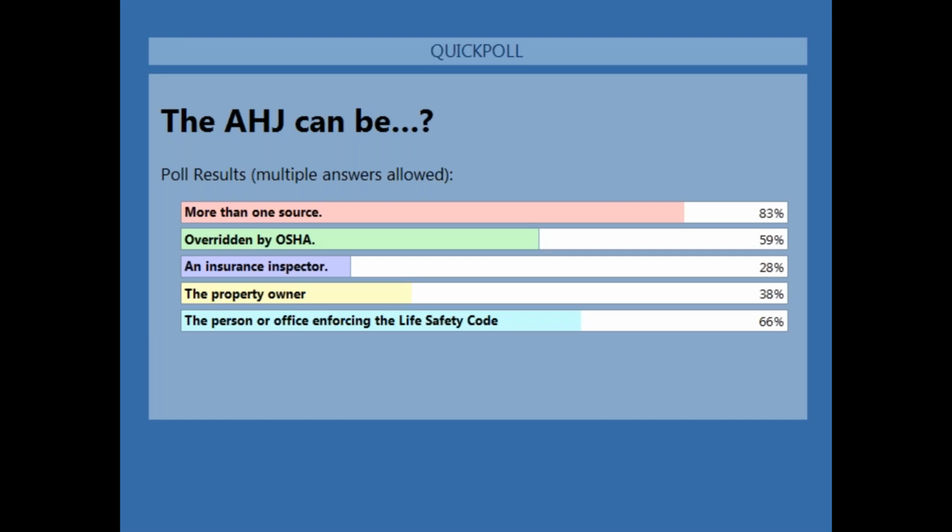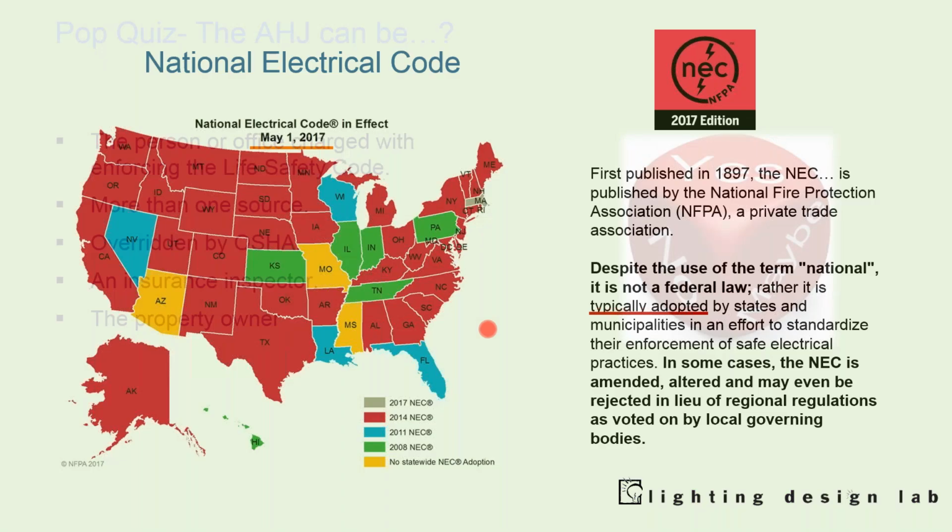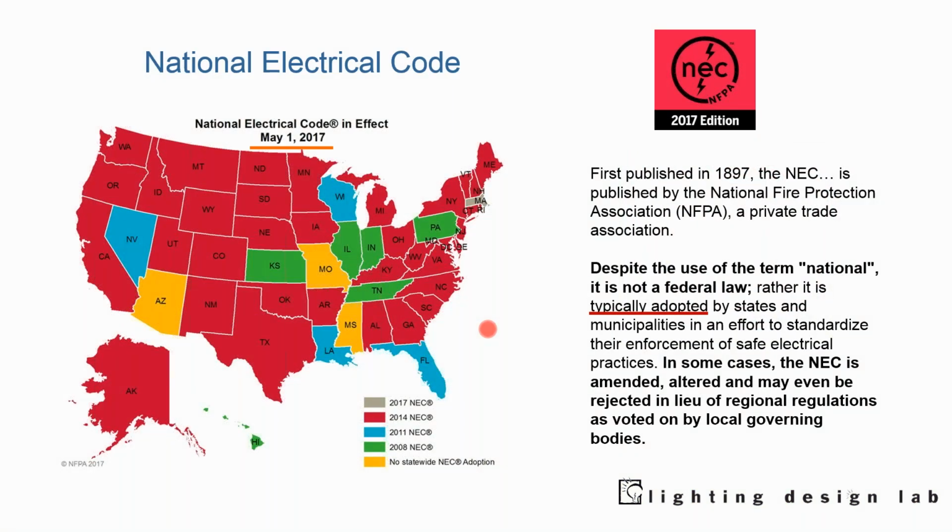This was a bit of a trick question, because in some cases it could be any one of these or multiple, as we found out. So it's a tricky situation to know who is the authority. Hopefully that was a little useful.